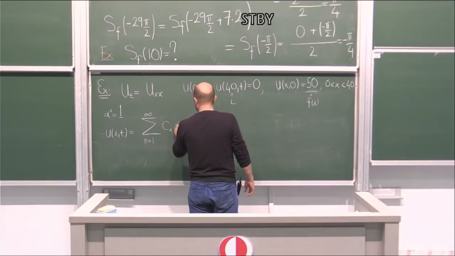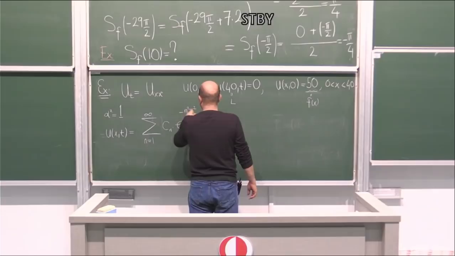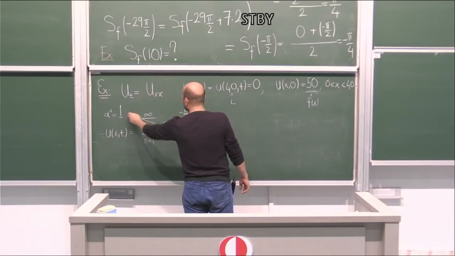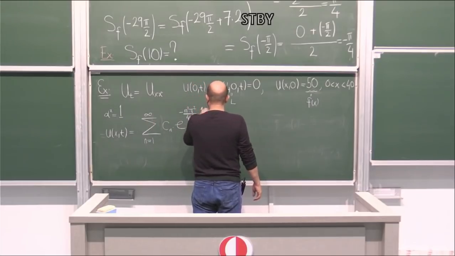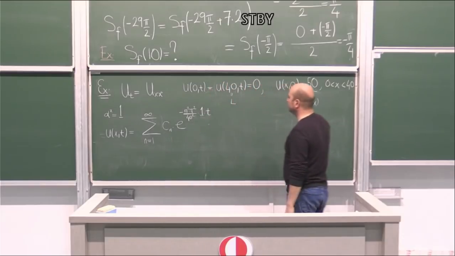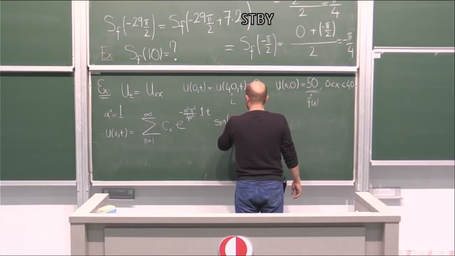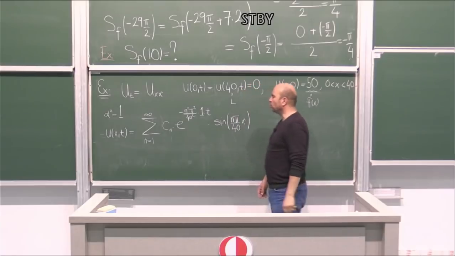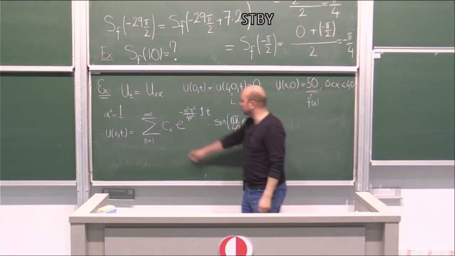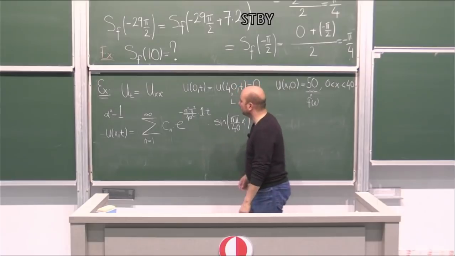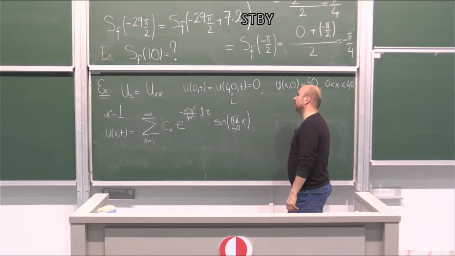So e to the minus n squared pi squared over L squared, L is 40, 40 squared times alpha squared, which is 1, t, and times sine n pi over 40 x, where the Cn will come from the following thing.